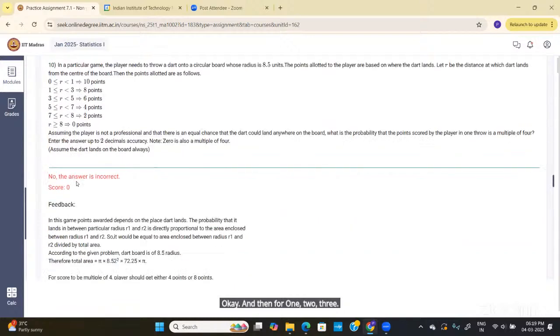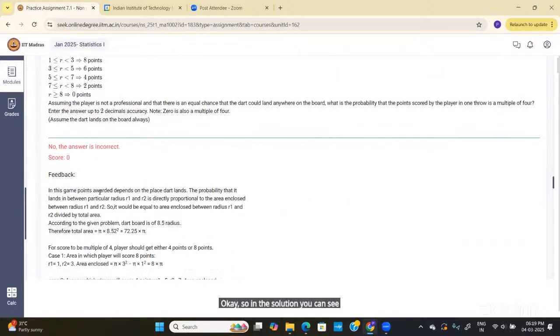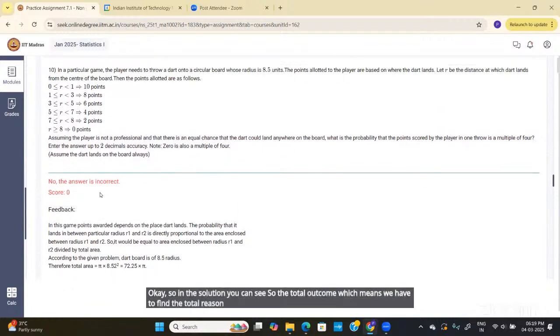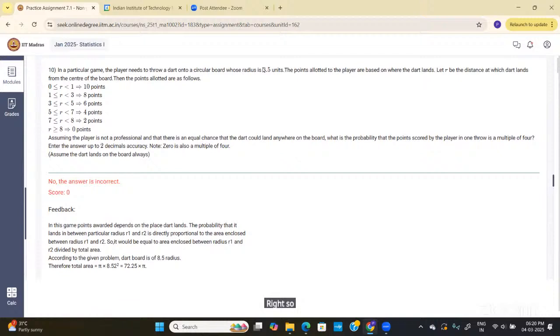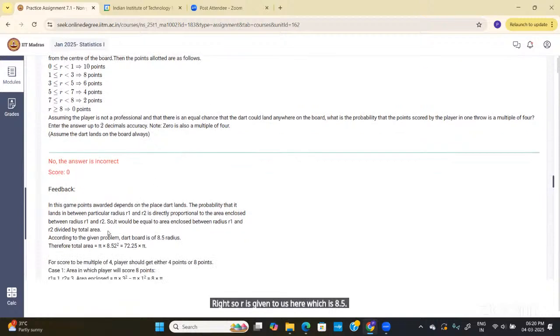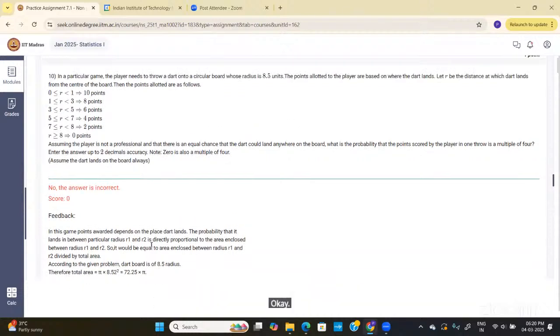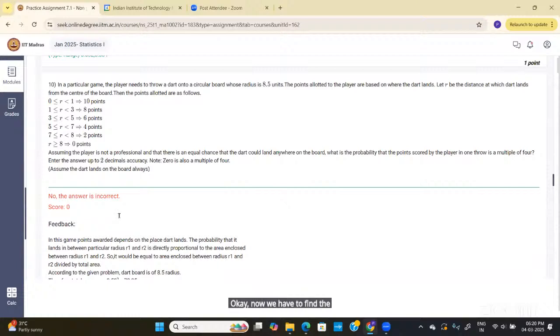In the solution, the total outcome means the total area of the circular board. The area of a circle is pi r square, and R is 8.5, so total area will be 8.5 square into pi. This is something we put in the denominator. Now we have to find the area for the favorable region.